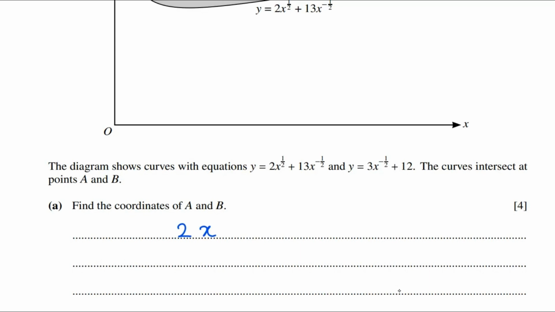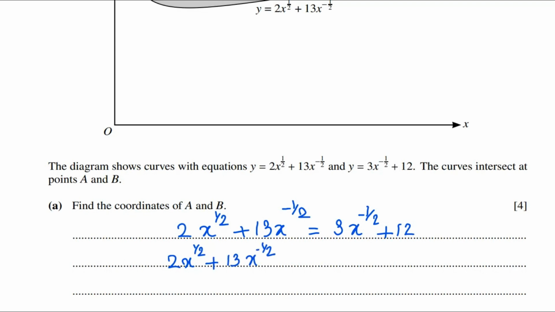So 2x power 1/2 plus 13x power negative 1/2 is equal to 3x power negative 1/2 plus 12. Bring all the terms to one side. So we get 2x power 1/2 plus 13x power negative 1/2 minus 3x power negative 1/2 minus 12 equal to 0.